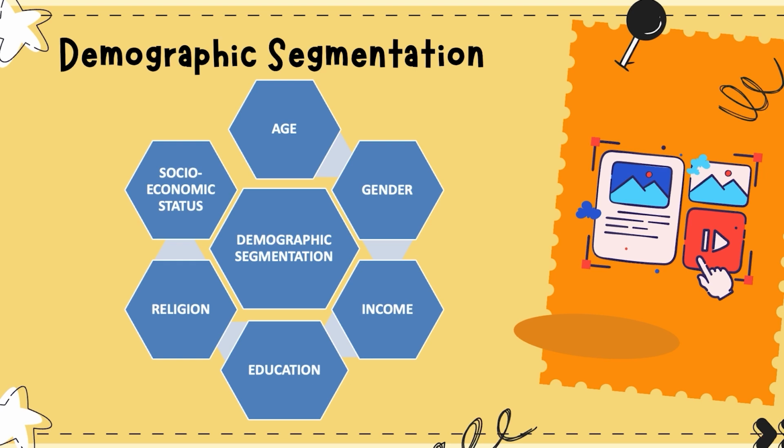We may have a product based on gender. Think about perfumes, apparel, or any other product related to your beauty segment. We may have a different kind of product specifically targeted to one specific gender, unless it's a unisex product. So based on gender we can differentiate. Based on income, that is quite common.